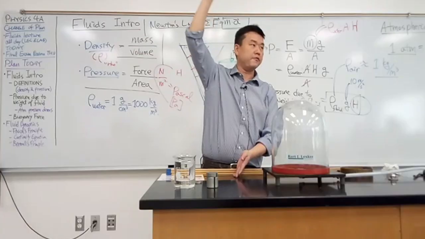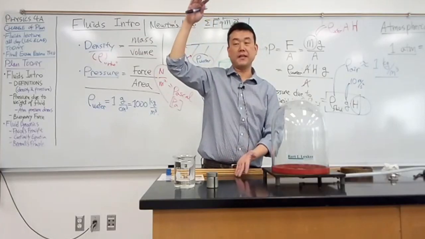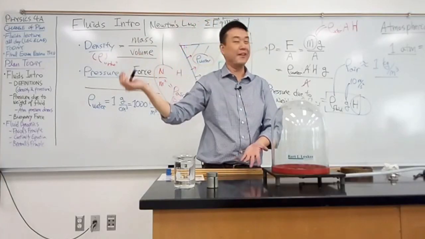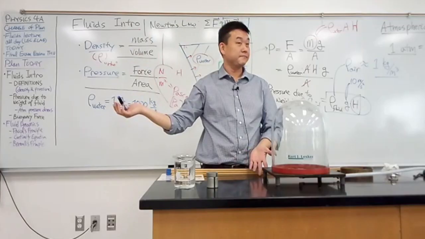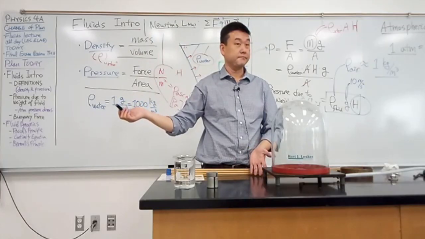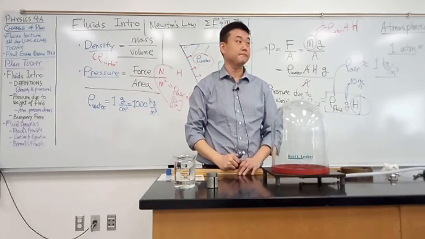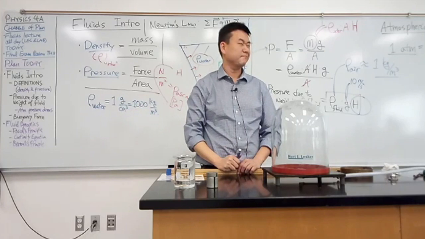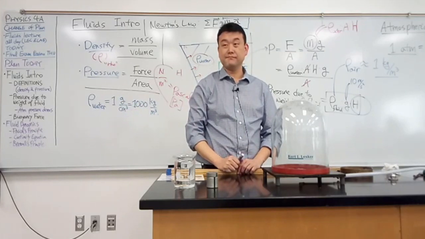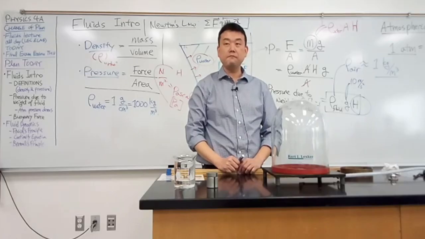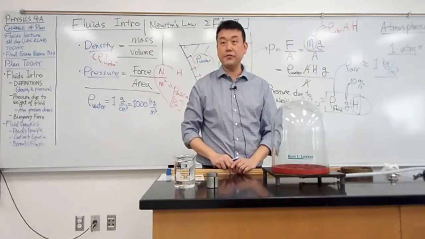How high up do you have to go before you start to notice that the atmosphere is not really there anymore? 50 kilometers? 50 kilometers, that's in the ballpark. It's in the order of magnitude.